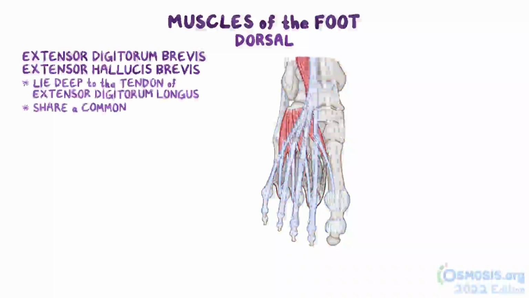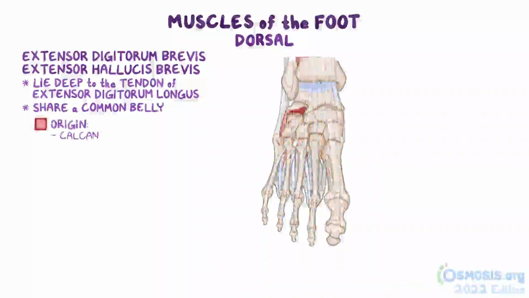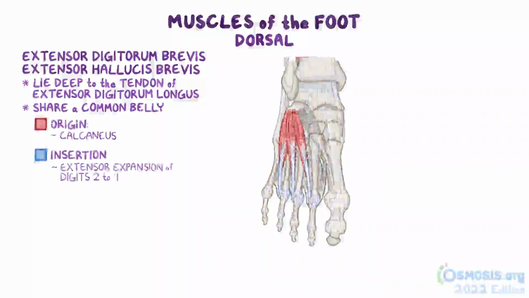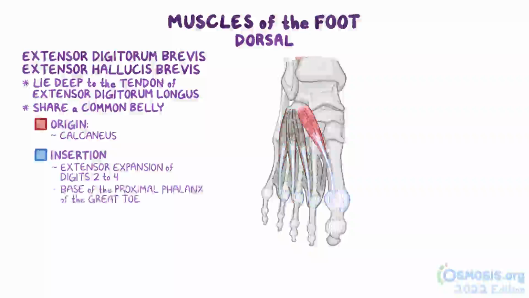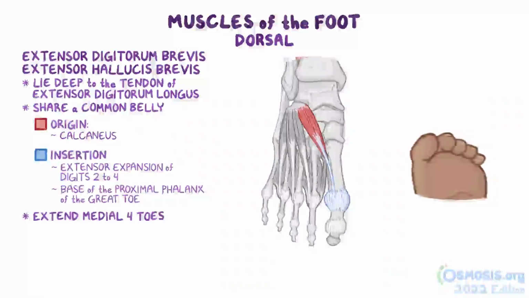They share a common muscle belly and originate from the calcaneus, and from this muscle belly 4 tendons arise and attach to the extensor expansion of digits 2 to 4. A portion of this muscle then goes on to attach to the base of the proximal phalanx of the great toe and is the extensor hallucis brevis muscle. These muscles extend digits 2 through 4 at the metatarsophalangeal and interphalangeal joints, and the great toe at the metatarsophalangeal joint.